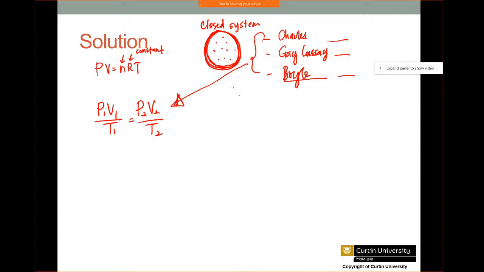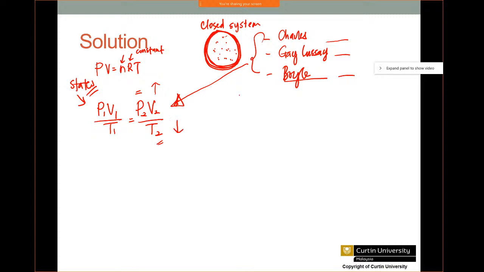So when you change the property or you change the state, this is what we call states. When we change the states of the gas inside, let's say I increase the volume but maintain my pressure, what will happen to my temperature?